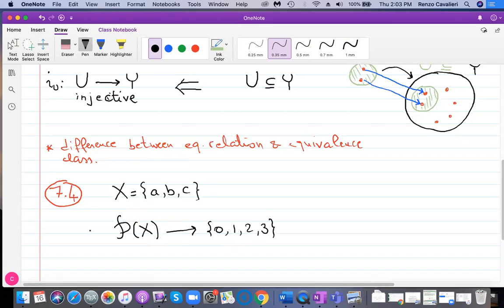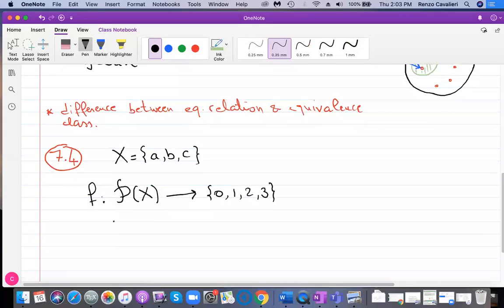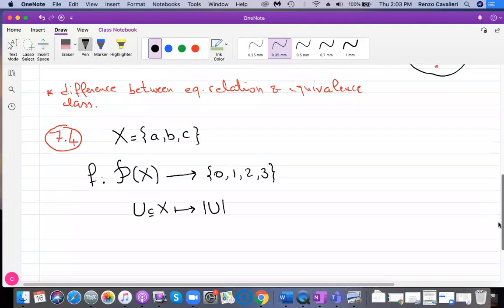The definition is that f needs to assign to a subset U of X a number that is either 0, 1, 2, or 3, and it assigns the number the cardinality of U.